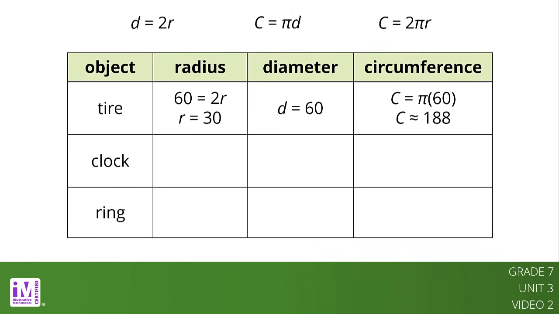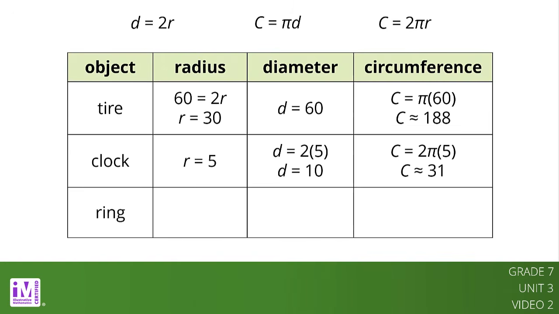If the radius of a clock is 5 inches, that means the diameter is 10 inches. And the circumference is 10 times pi, or about 31 inches.